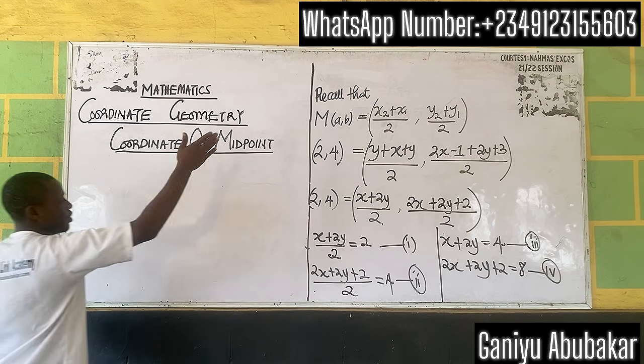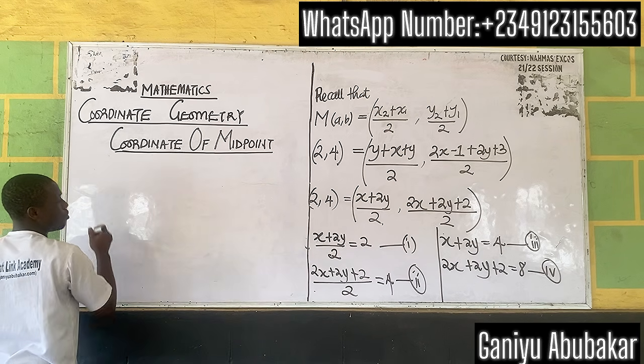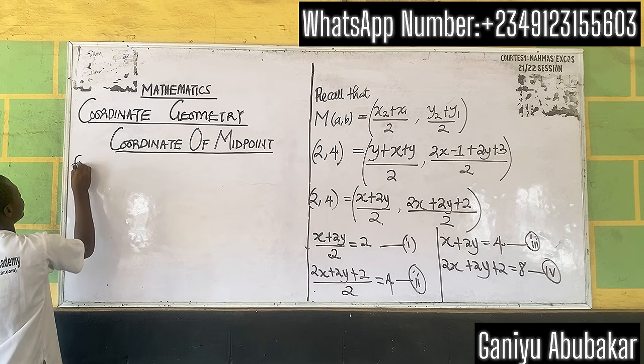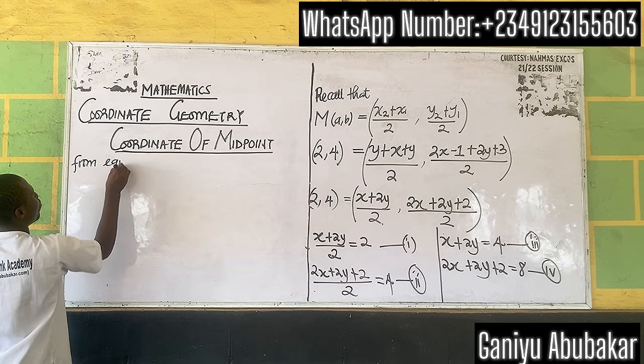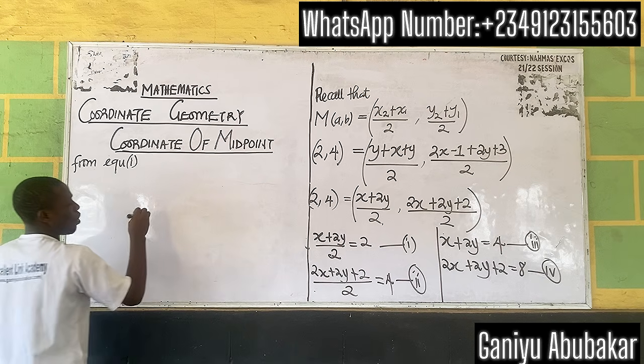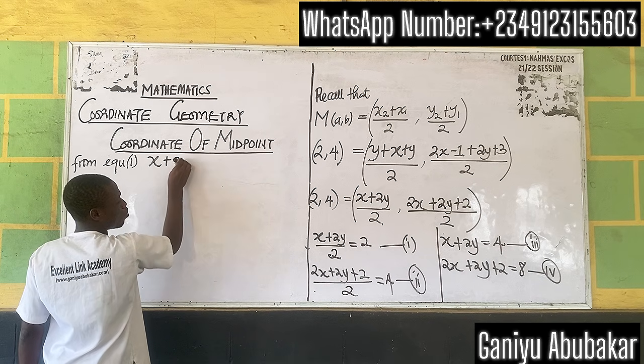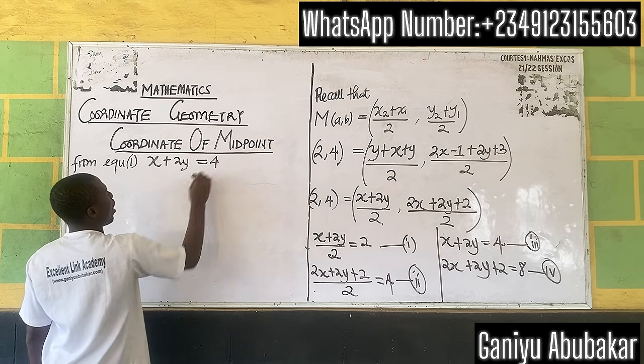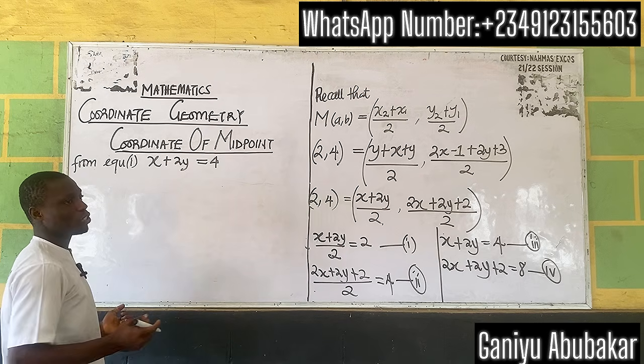All right, from here, please check them out. From equation 3, I was having x + 2y = 4.